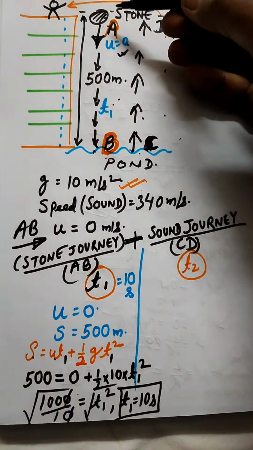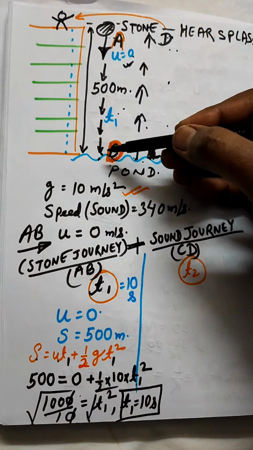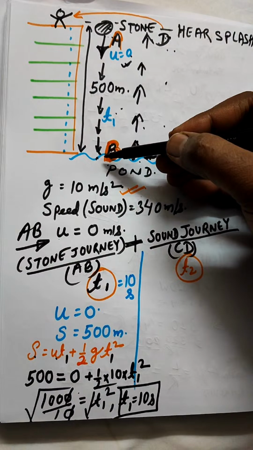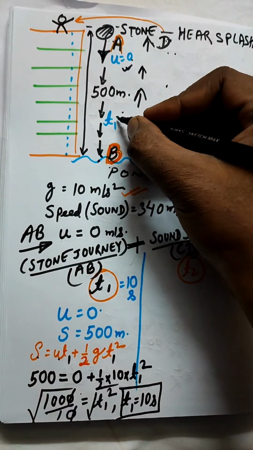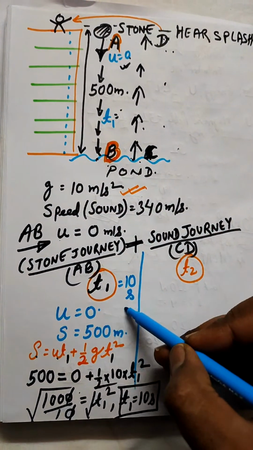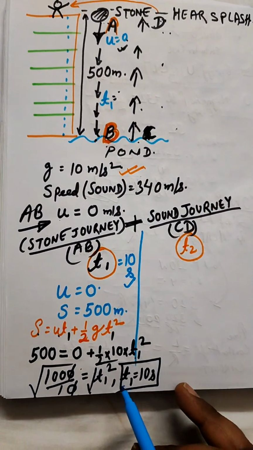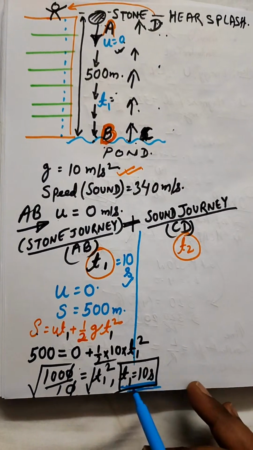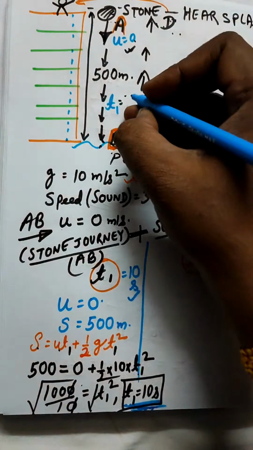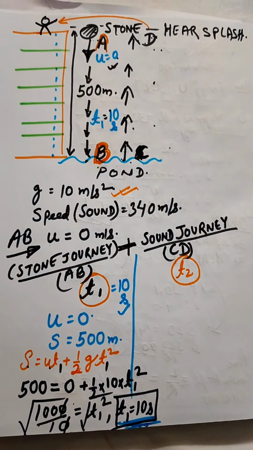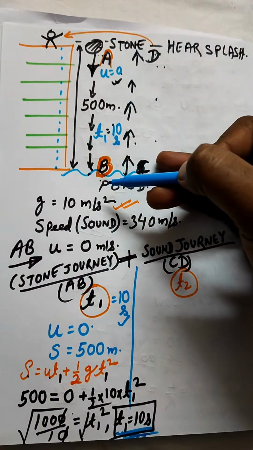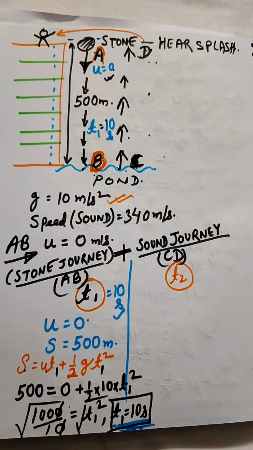So when the stone is dropped from the top of the building to the pond, the time it will take is t1 equal to 10 seconds, as we have calculated over here, right? So this 10 seconds is the time taken by the stone when it reaches the pond.